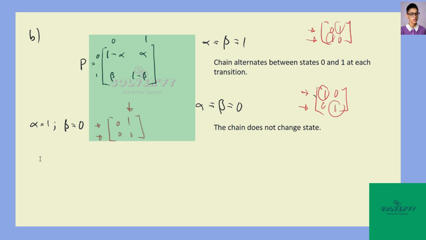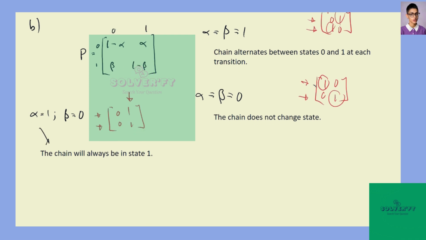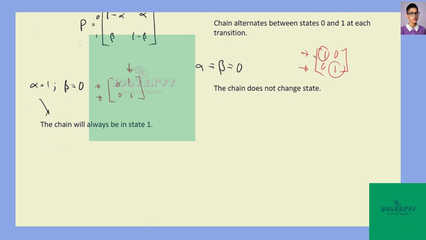And therefore the Markov chain will always be in state 1. And similarly, if alpha is equal to 0 and beta is equal to 1, the chain will always be in state 0.